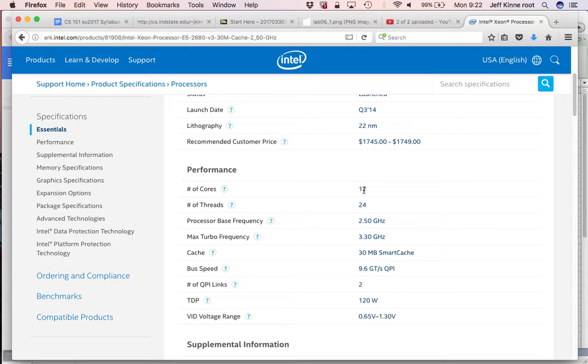A core is basically like a separate CPU. You can run 12 things at once. Hyperthreads are having two things that are using different parts of a core at the same time. So depending on what your workload is, you might actually be able to run 24 threads at once.